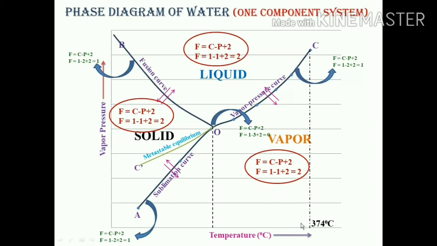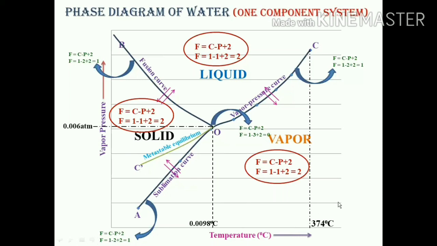The point O, the triple point, has a temperature of 0.0098 degrees centigrade and a corresponding vapor pressure of 0.006 atmosphere. So the temperature and pressure at the triple point have these values respectively.